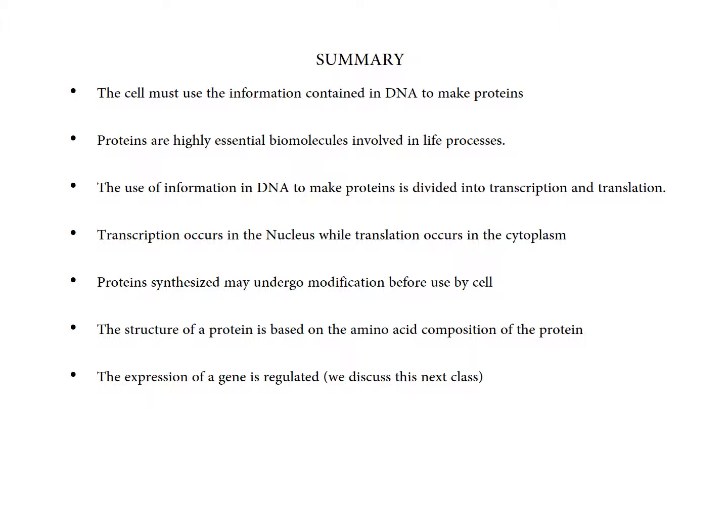Transcription occurs in the nucleus while translation occurs in the cytoplasm. These proteins may need to undergo modification, which is the post-translational processing of the protein molecule. The structure of a protein is based on its amino acid sequence. The expression of a gene is regulated at different control points. This is what we'll discuss during the next class.